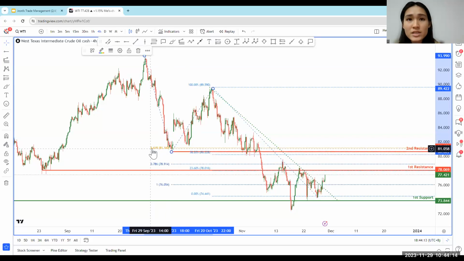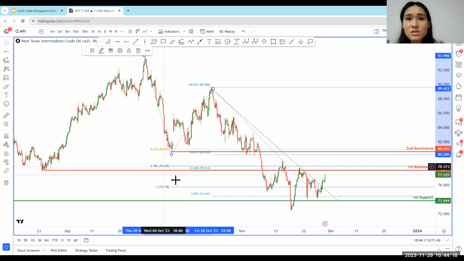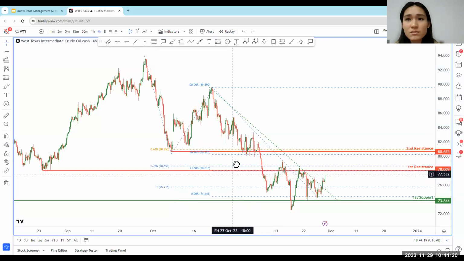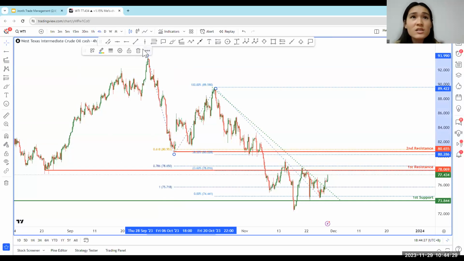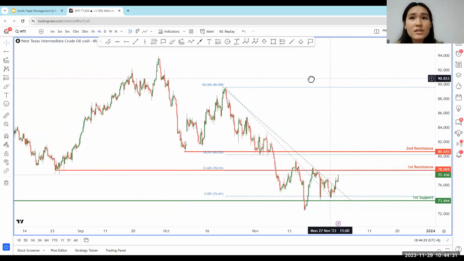We can see that my 61.8 lines up with my second resistance. But that's no longer valid because price has already broken it, so let me remove that.